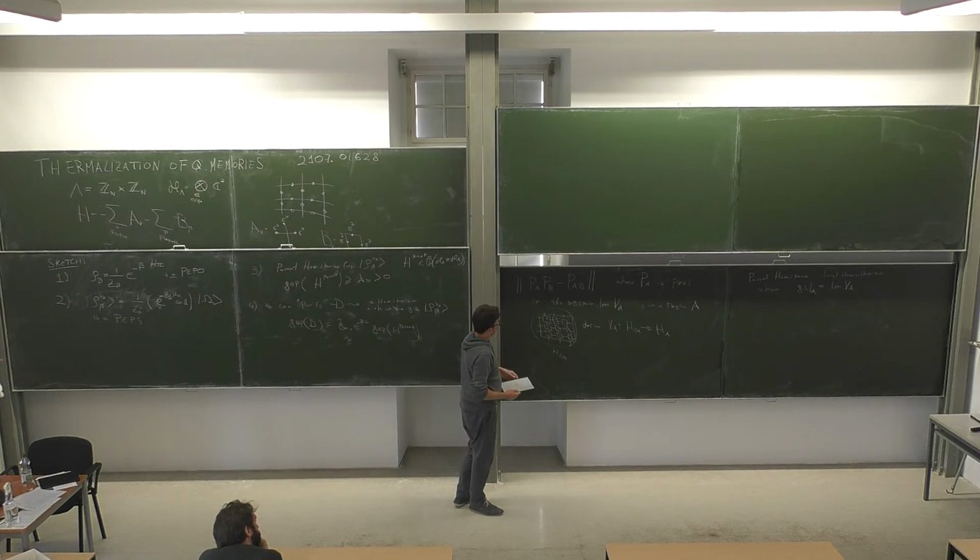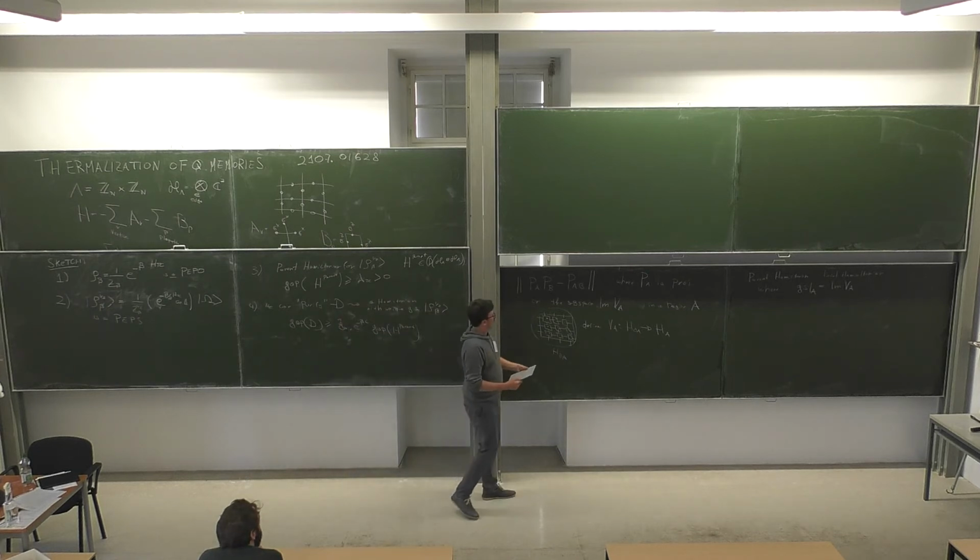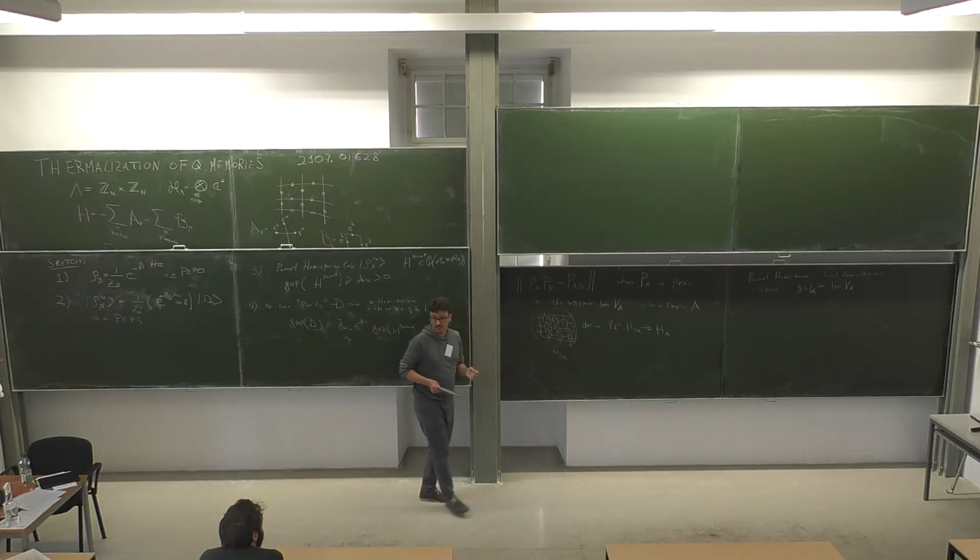And so this quantity, for the parent Hamiltonian, is telling you how big the overlap is between nearby ground state subspaces, and somehow it's telling you how delocalized an excitation can be.